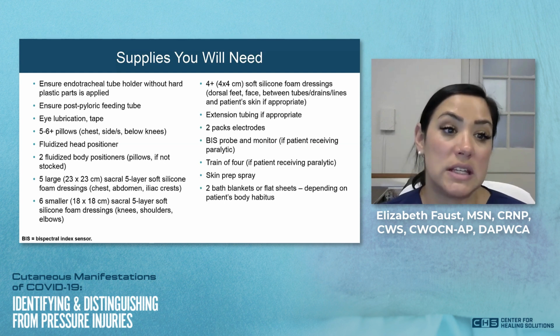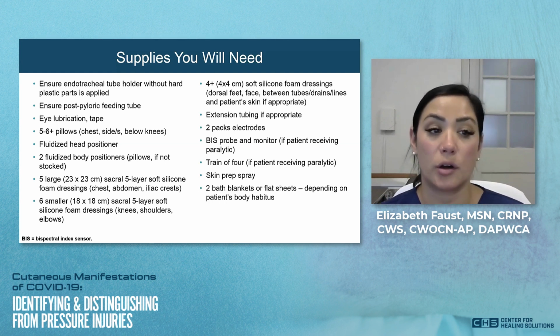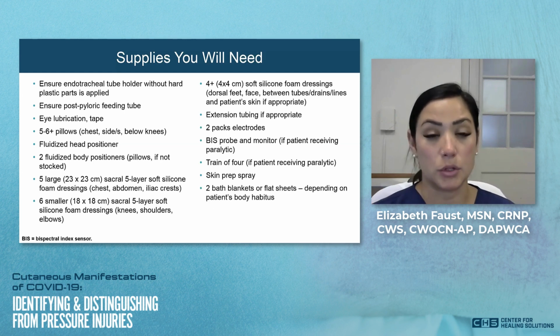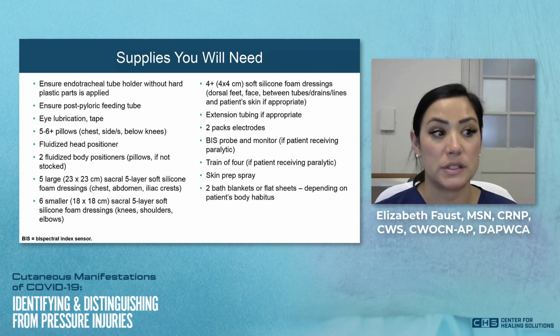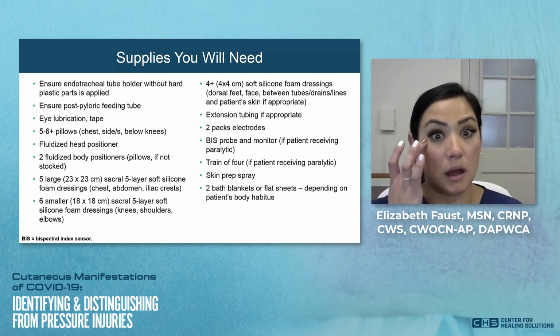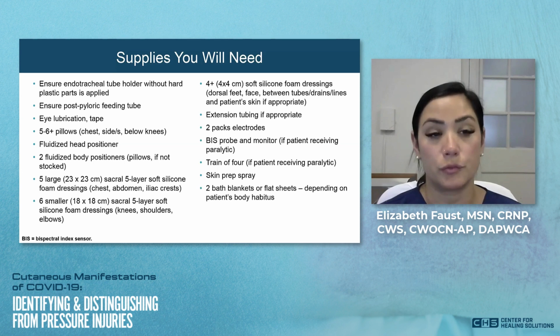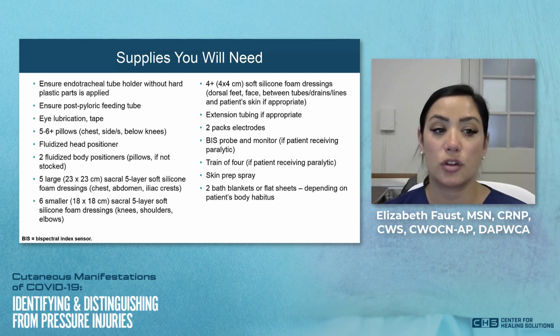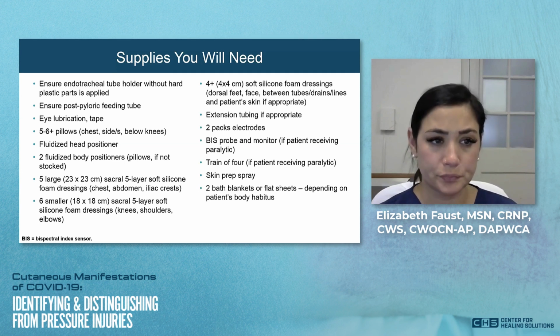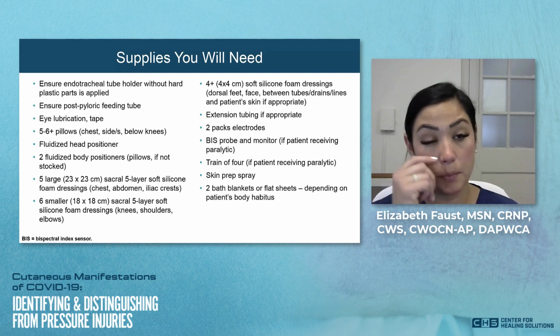So you want to ensure the ET tube holder is without hard plastic parts. Some people tape. We had a commercial ET tube holder that was Velcro and zip tie based that we had good results with. You want to ensure the post-pyloric feeding tube, eye lubrication and tape.